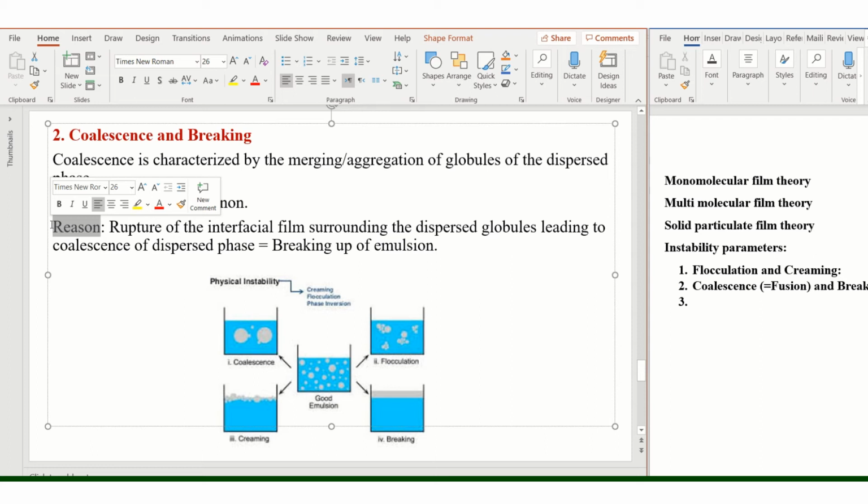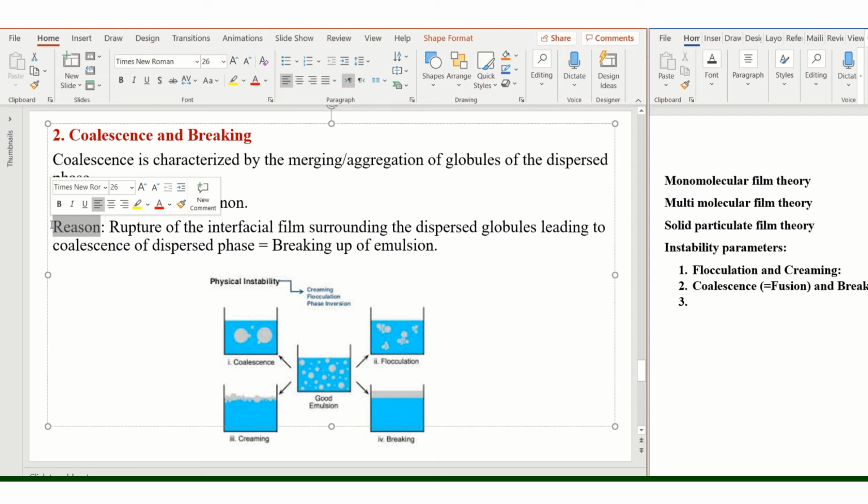Now because of the rupture of this interfacial film, it leads to the coalescence of the dispersed phase, and thus it leads to breaking of the emulsion. All the oil phase will tend to come closer, form a larger globule, and get separated into different layers, the oil phase and the aqueous phase.